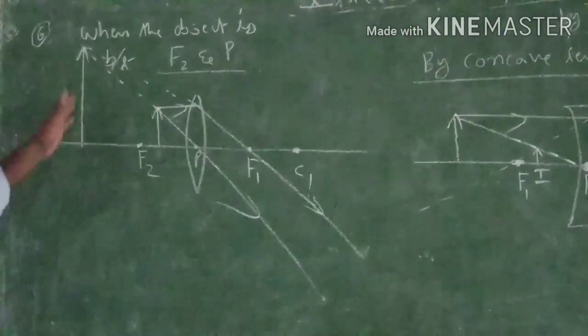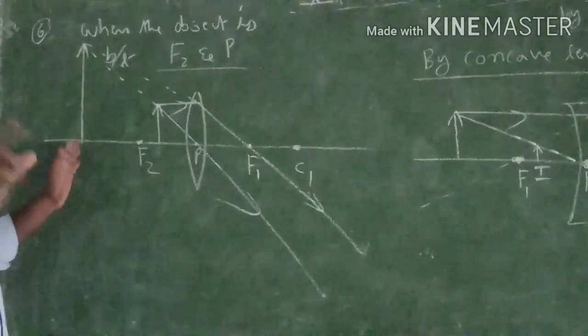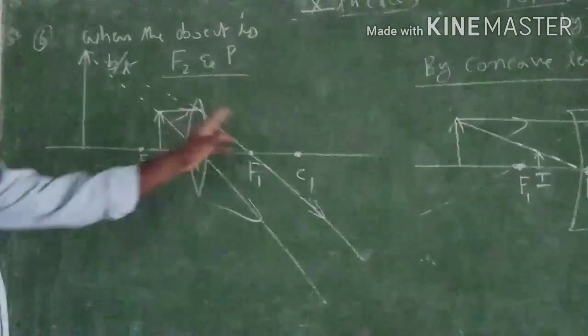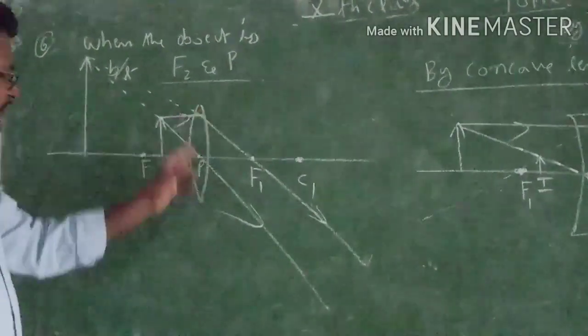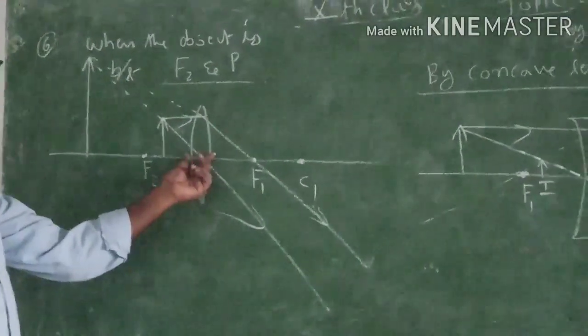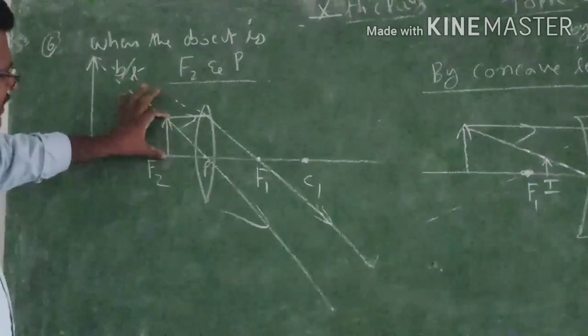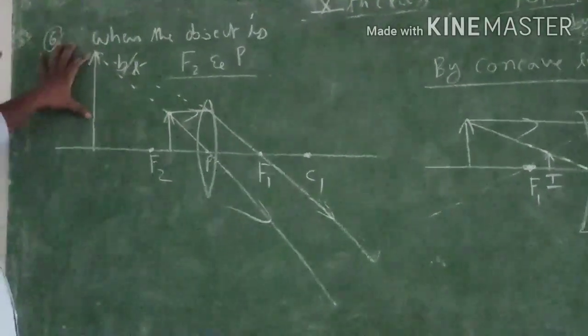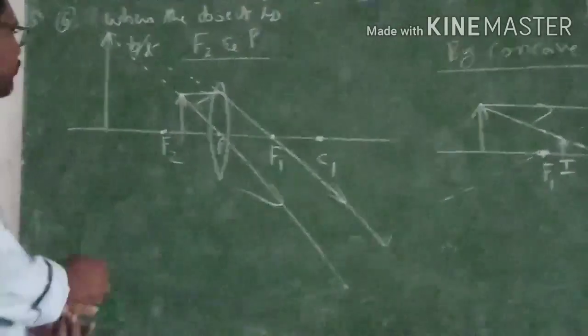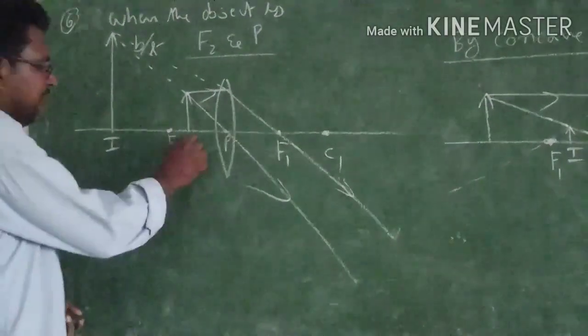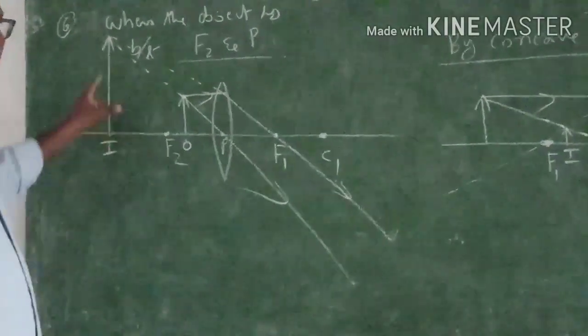That means here we don't need to take any screen. Just when we look through the lens, then we can see an enlarged image. So this is the virtual image. Now let's see the characteristics.